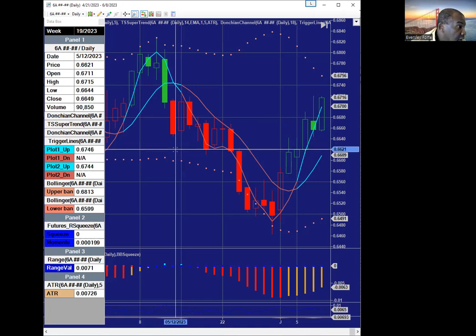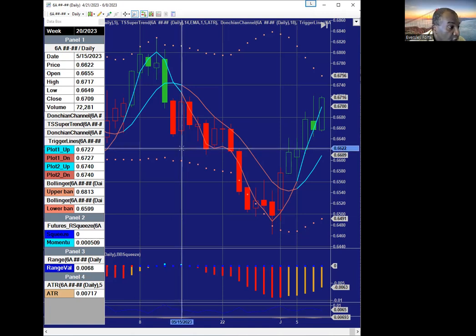So the high this day is 0.6715, and the high this day is 0.6717, which is higher. So if our stop loss is 10 ticks above this high of 0.6717, what is that number? Please type it in. Very good, 0.6727. All right.